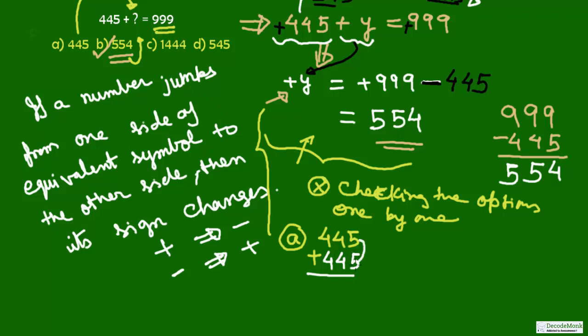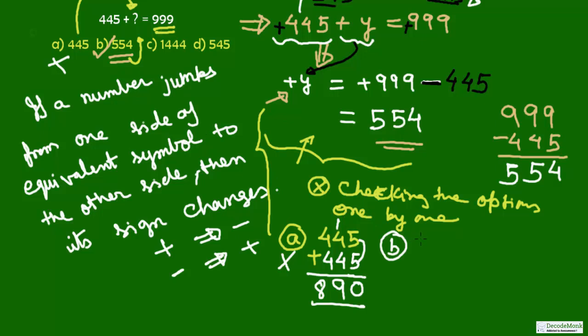So at the very beginning, 5 plus 5, 10. You see that the units place is 0, and here units place is 9. So we need not proceed further, but still let us carry out the addition fully. After getting 0 in the units place, you can drop adding further, because anyway this is not going to be the answer. Carrying out, 890, so this is not the right option.